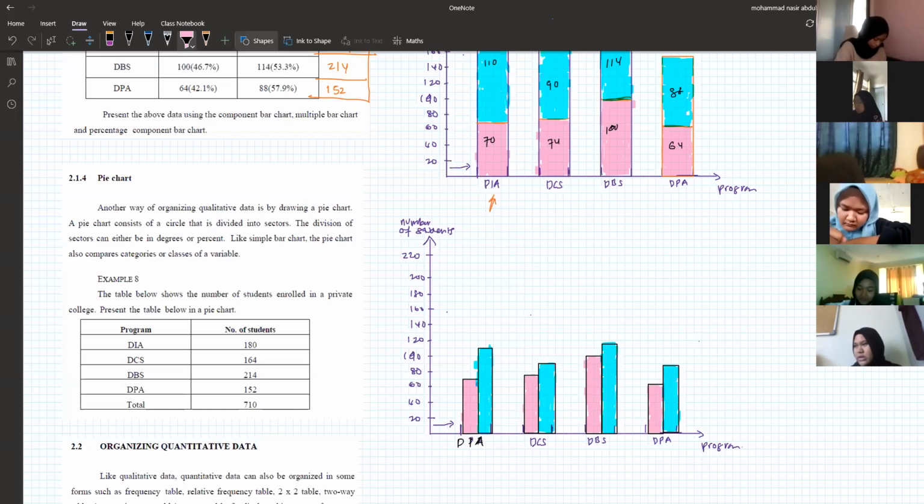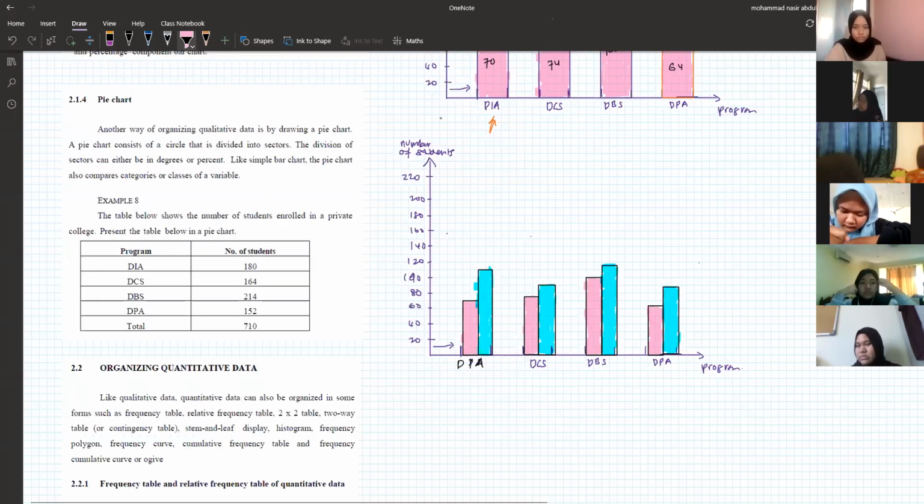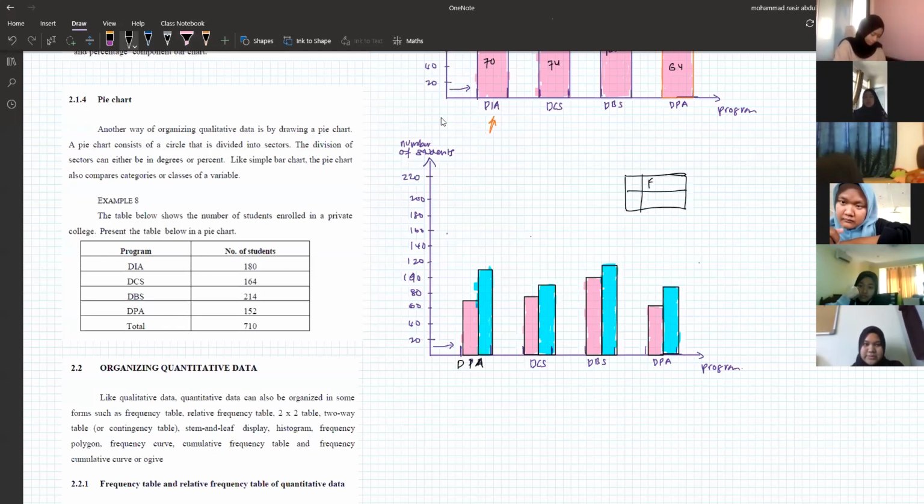As in multiple bar chart, you should also have a legend, right? You should have a box of legend to indicate the color of each category. So this is female and this is male. So female is blue color, male is pink color, right?